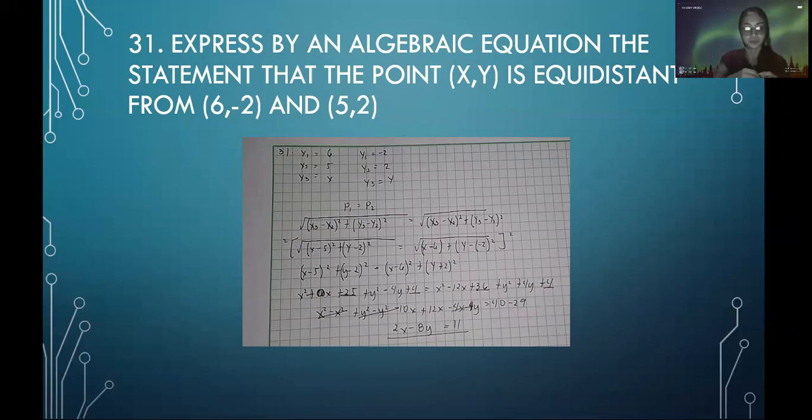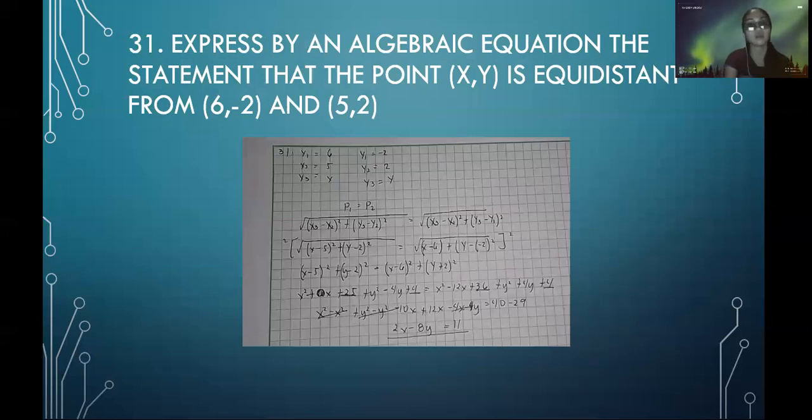So we're going to use d sub 1 is equal to d sub 2. So here it is: square root of x sub 3 minus x sub 2 squared plus y sub 3 minus y sub 2 squared equal to square root of x sub 3 minus x sub 1 squared plus y sub 3 minus y sub 1 squared.